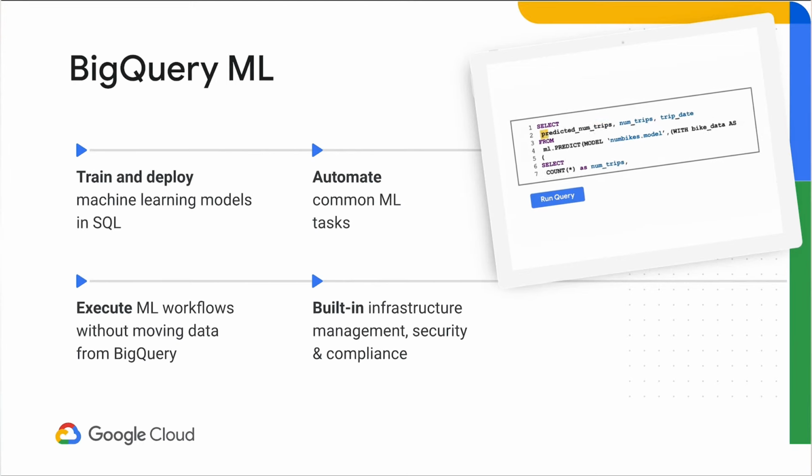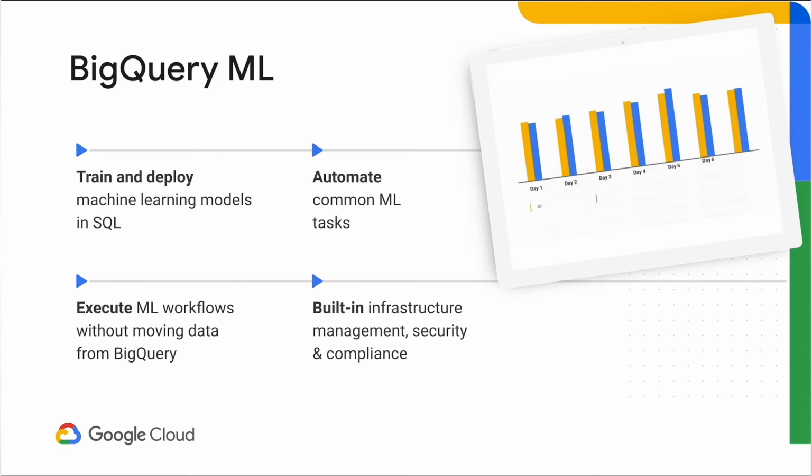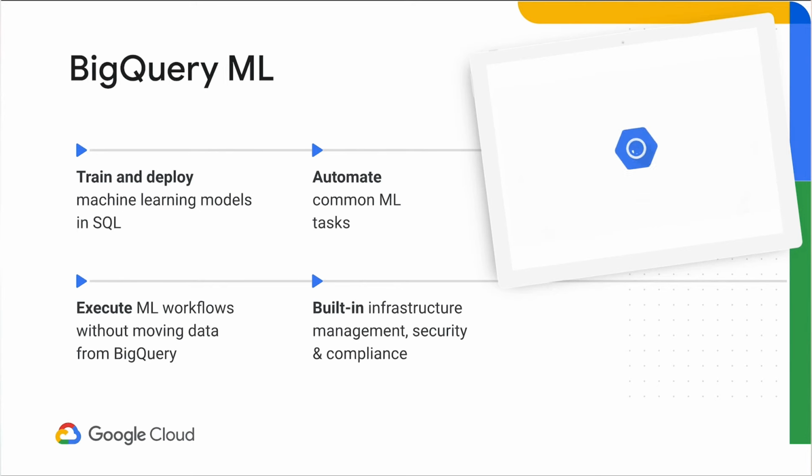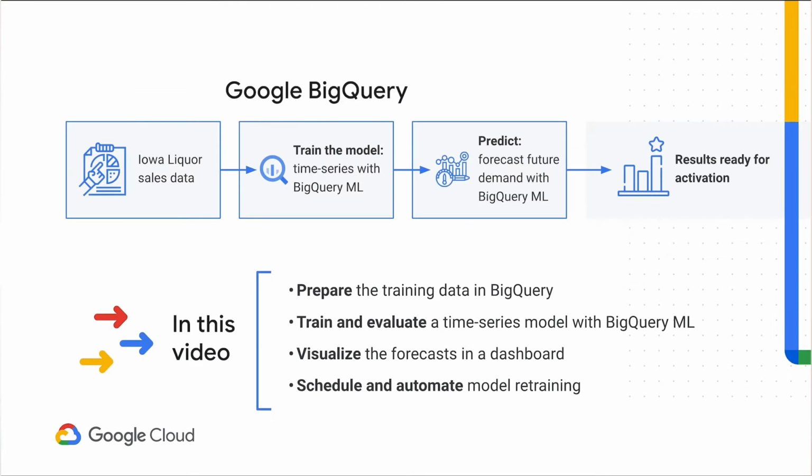So having that machine learning capability directly within your data warehouse within BigQuery makes things a lot more streamlined. And I've heard of customers who've been able to accelerate going from no machine learning to machine learning models and using them in production at a much faster speed because they were able to use BigQuery ML for their production environments.